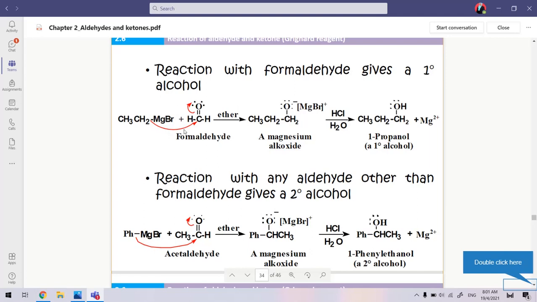Here you connect this CH2, and it will be an Mg, Br complex, because this group already leaves, this bond will break, so it will attach to oxygen. And when you have hydrogen here in the presence of water, you will get a primary alcohol here. So here is a phenyl Mg, so you will attach phenyl here. Then you will get a secondary alcohol here.